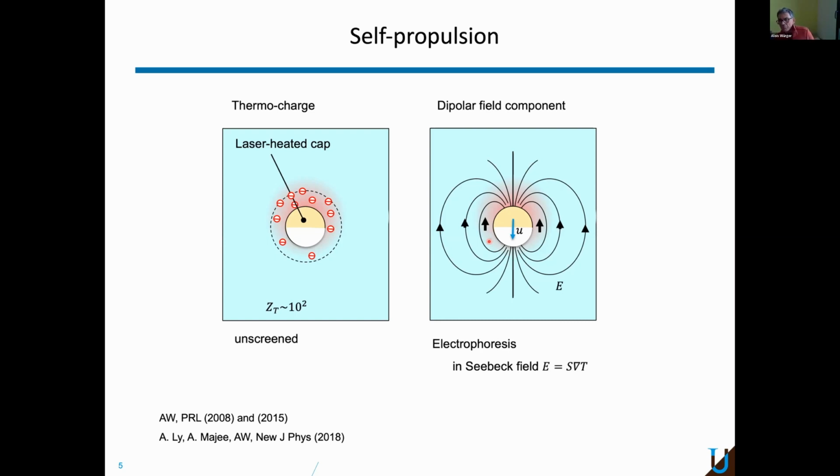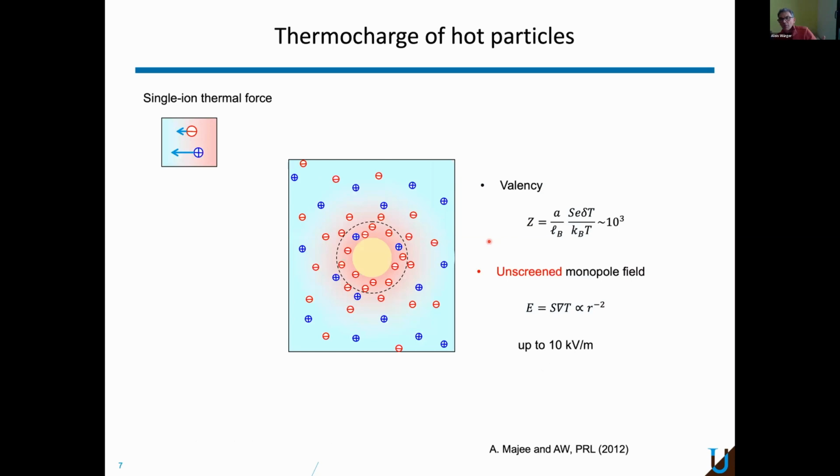One can also just look at the monopole term of an electric field. So this is a colloidal particle or a gold particle, if you want, in an electrolyte. If you heat the particle, you accumulate here this charge, which is given by the Seebeck coefficient, the excess temperature, and by various parameters of the size of a particle, and which can be a few hundred charges up to 1,000 charges.